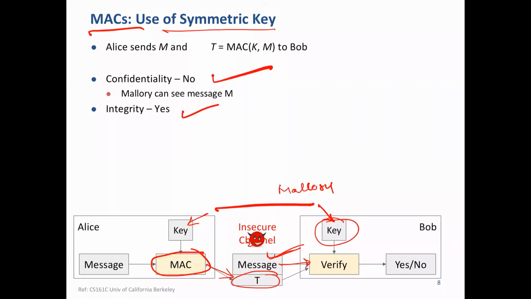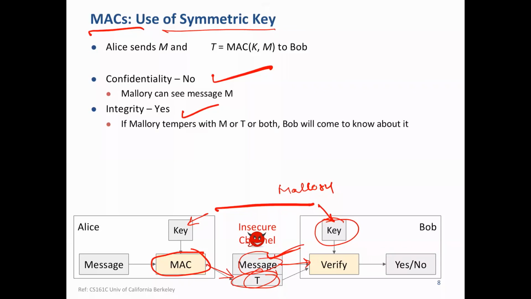And if Mallory changes both message and tag, even then Bob can find it out, because only Bob and Alice have the key. So when Bob receives the corrupted message, he will calculate the tag, and that tag cannot match the tag generated by Mallory, because Mallory doesn't know the key.